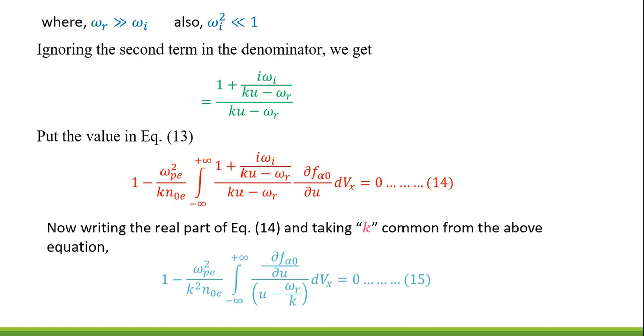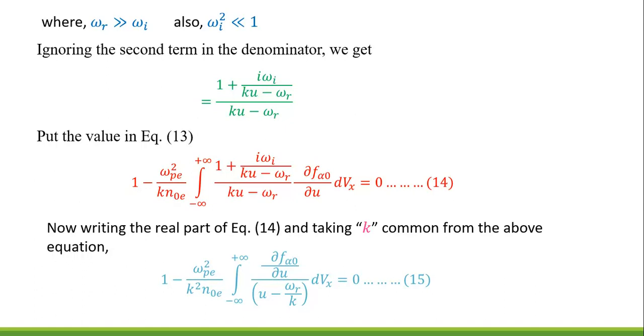All right, one thing you can note is that in equation number 14 I have just taken the real part. In the real part we have 1 minus all this combination, and then 1 divided by ku minus omega r, and all this combination, with k taken outside. This imaginary part I'm not going to consider now.